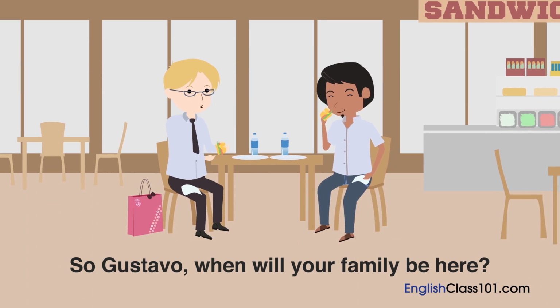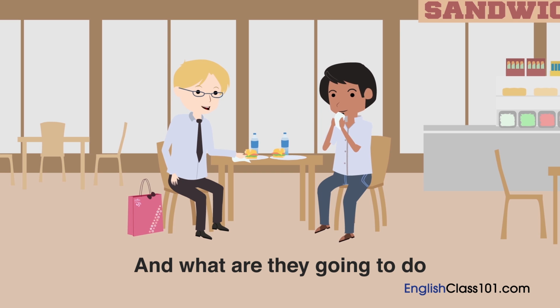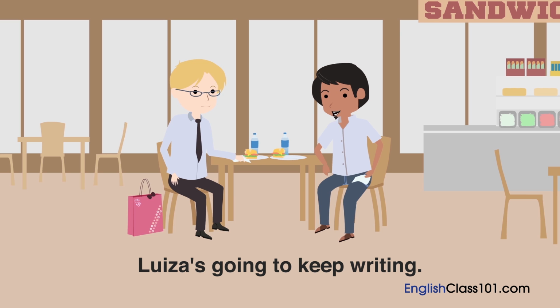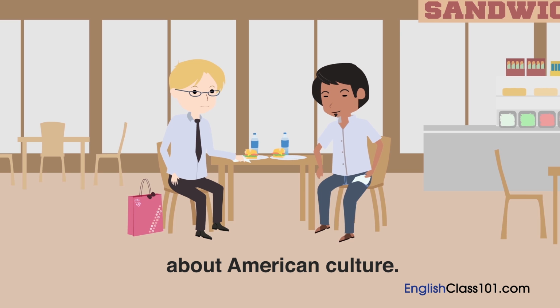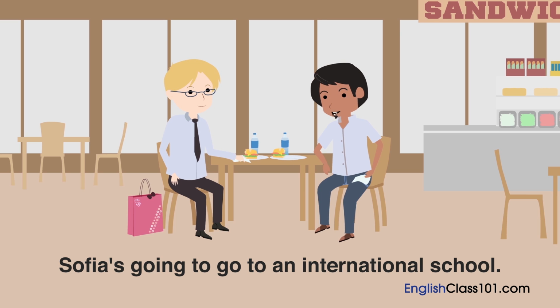So, Gustavo, when will your family be here? Louisa's going to bring the kids on Friday. And what are they going to do when they get here? Louisa's going to keep writing. She also plans on starting a blog about American culture. Sounds interesting. How about the kids? Sophia's going to go to an international school.